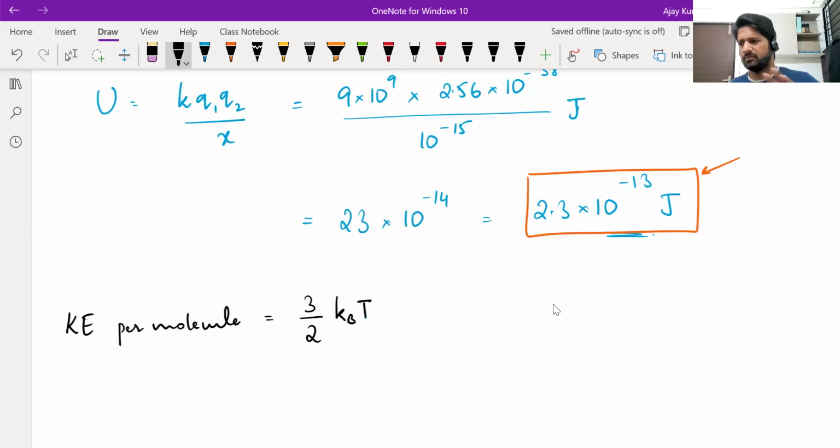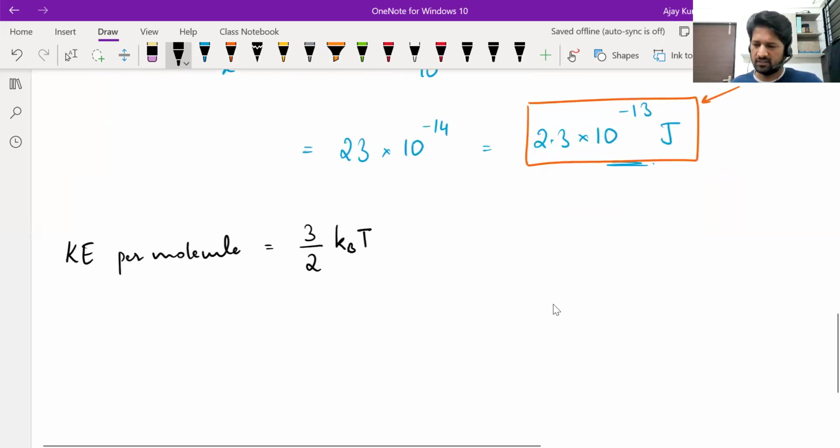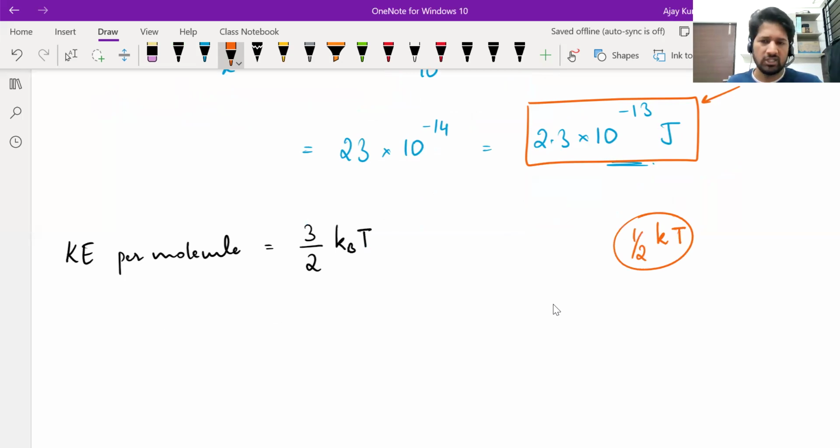This is from Maxwell's law of equipartition of energy. Monoatomic gases have 3 degrees of freedom. What Maxwell's law of equipartition of energy states is each degree of freedom gives an energy of half kT to the molecule. So if there are 3 degrees of freedom, the molecule will get an energy of 3 by 2 kT. It can store that much energy, where k is the Boltzmann constant.